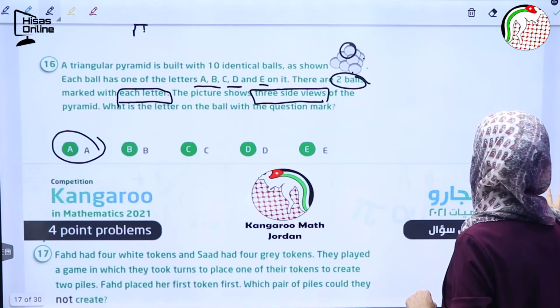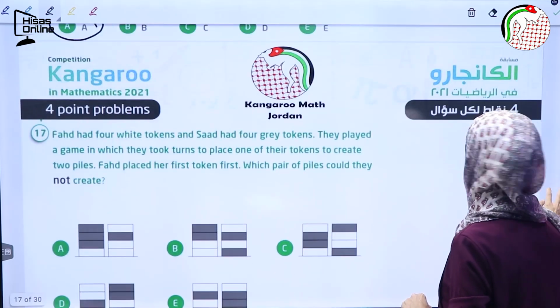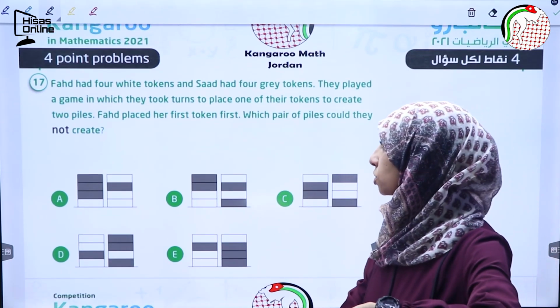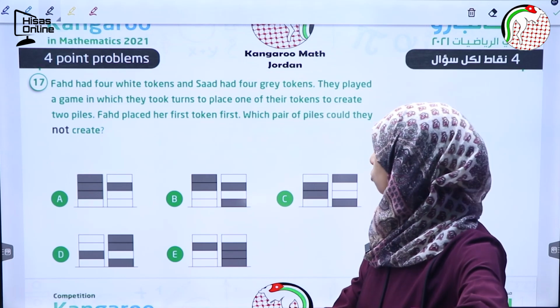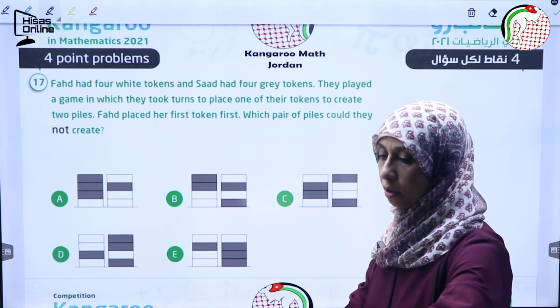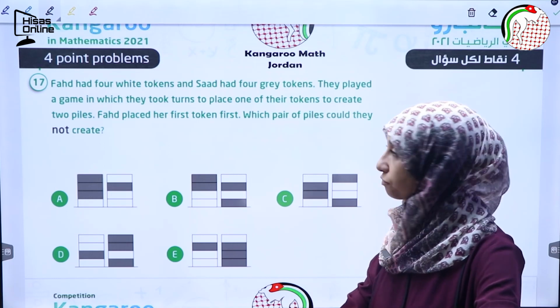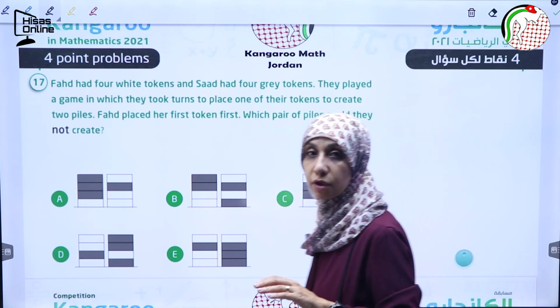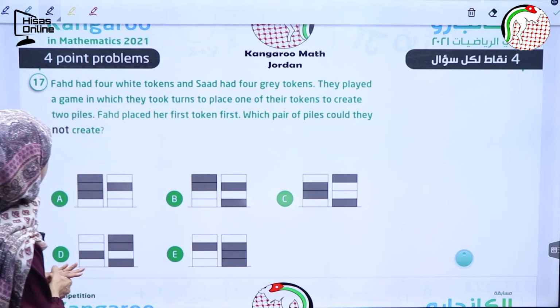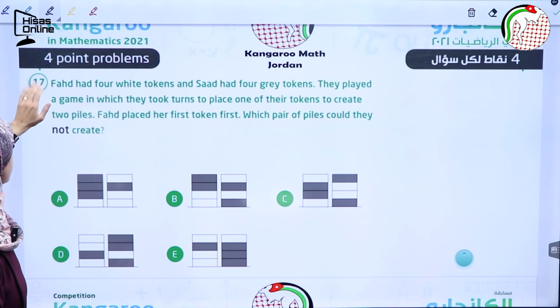Moving to the next question, question 17, again moving back to those white and gray. Let's read the question and see the request and follow the guidance. 17.